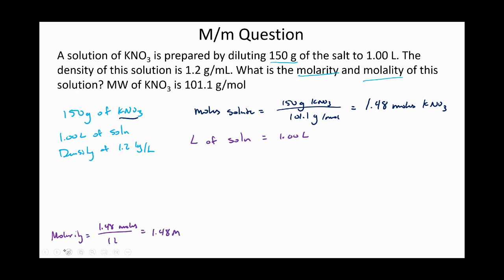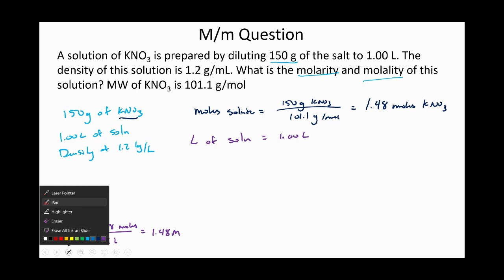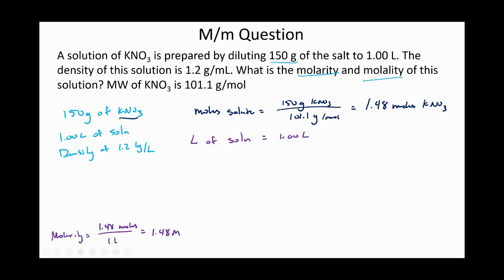The next thing we're going to do is calculate our molality, and that starts by figuring out how much total mass we have of solution. So we're going to look at mass of solution, and then from there go to mass of solvent. We'll take our volume of 1.00 liters and multiply that by the density, 1.2 kilograms per liter, just as we've done on the last two slides.